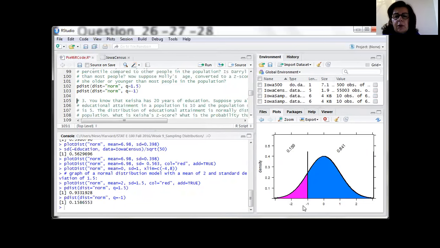Since Molly's z-score is -1, she is at the 15.86 percentile. So, do you think she is older than or younger than most of the people?